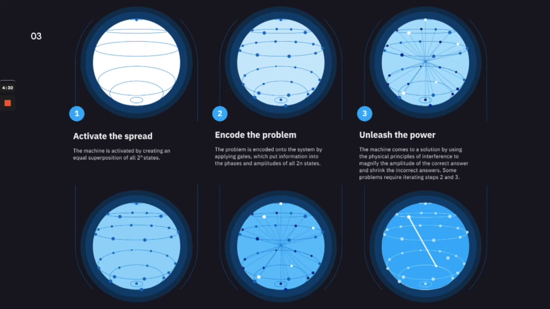IBM's quantum computers work by first setting up the space with an equal superposition of all 2 to the n states, and then the problem is coded into the space. Then it uses a quantum algorithm and physical principles together, and in some way we magnify the amplitude of the correct answers and shrink the incorrect answers.